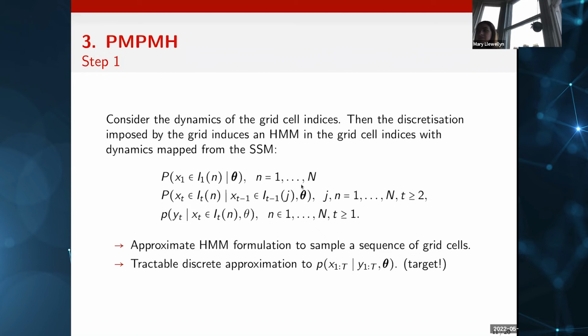So these mass functions, well, this isn't a mass function, but they're integrals of the state space model densities across the grid cells. And it's often not easy to evaluate those integrals. You can in some cases, but it's not always easy.